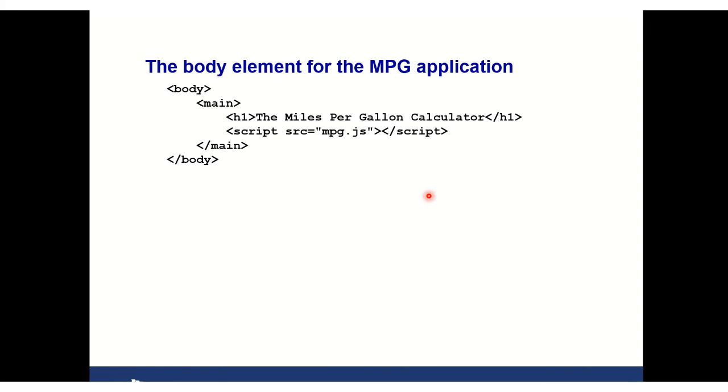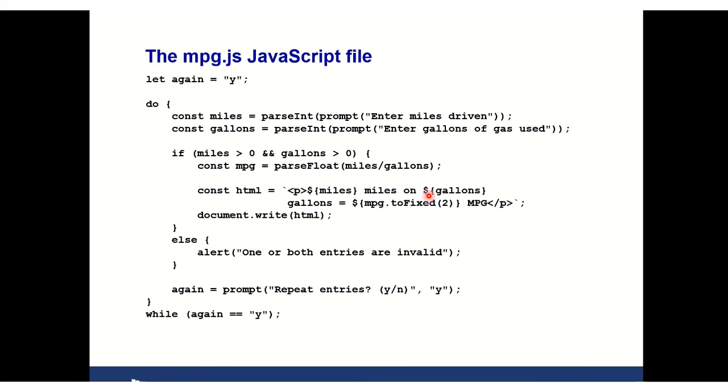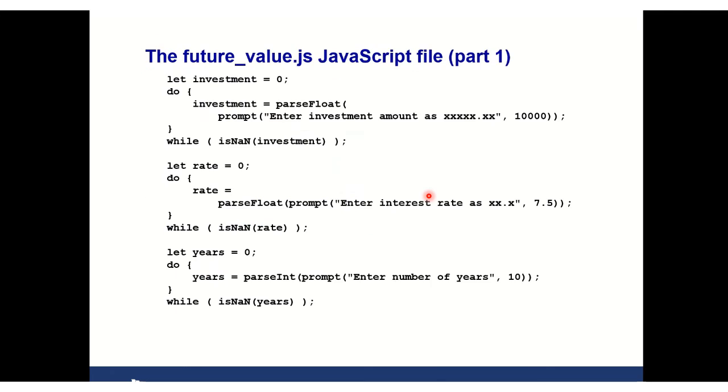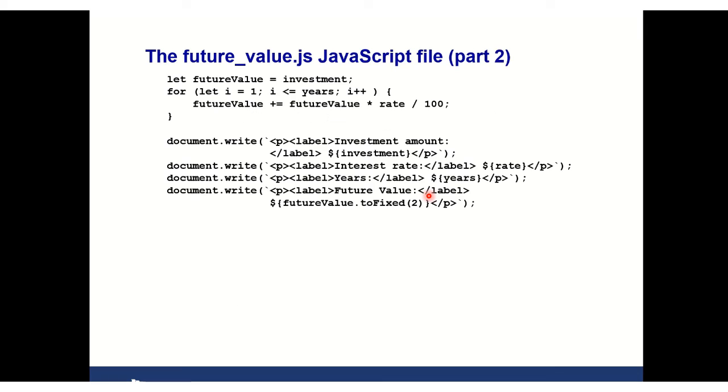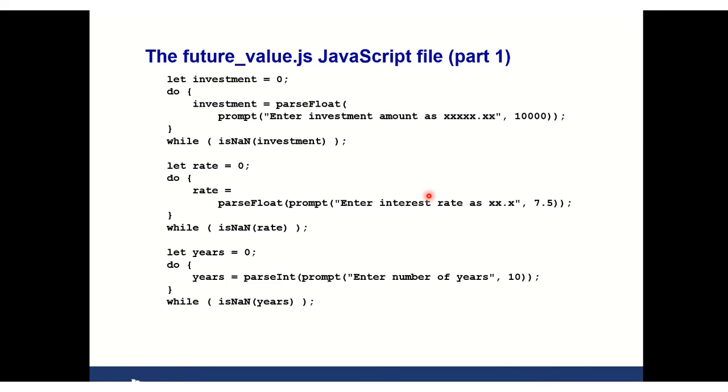So we have already discussed the MPG application, so I'm skipping it. I have shown you when I was doing the lab. This code I'm not going to discuss because we already discussed it.